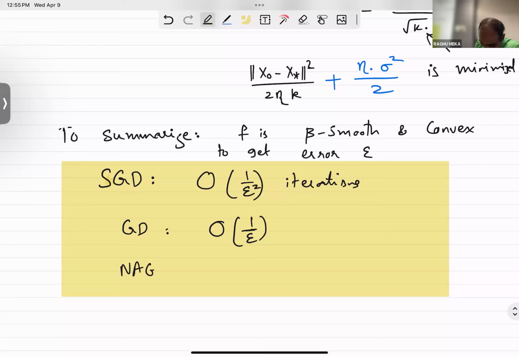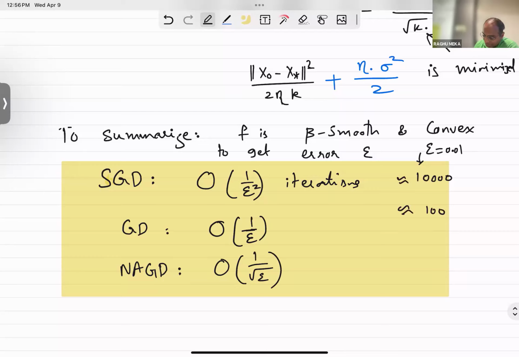And NAGD is O of 1 over square root epsilon. So for example, if I set epsilon to be 0.01, then SGD requires 10,000 iterations, roughly. GD is 100 iterations, and NAGD is 10 iterations.